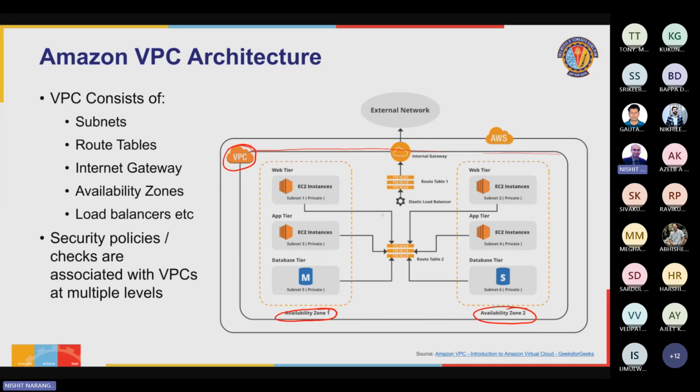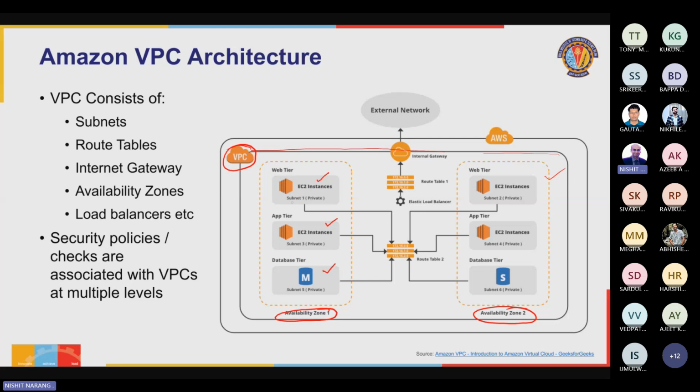In my architecture, the web tier was all in one availability zone. Here they have some EC2 machines running as the web tier, some other EC2 machines running as the app tier, and a database running as the database tier in one availability zone, the same replicated in another availability zone. So this architecture is also possible.